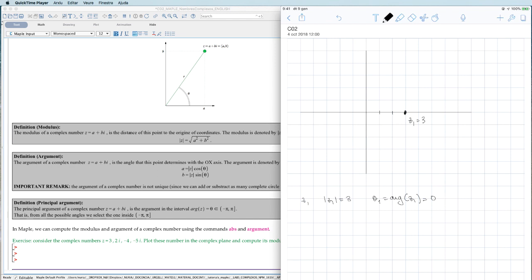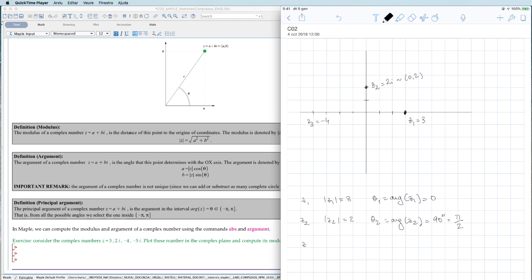The second number is 2i, so it's the point z2 equal to 2i, which is equivalent to the point (0, 2). The distance to the origin is 2, and the argument, or the angle, as you can see, is 90 degrees, which is pi over 2. So this is the second number. The third number is minus 4, so now we move here and we do minus 4.